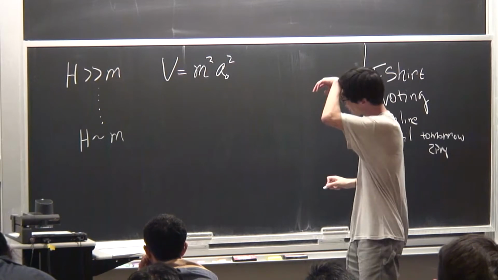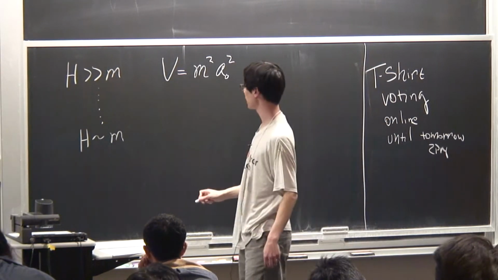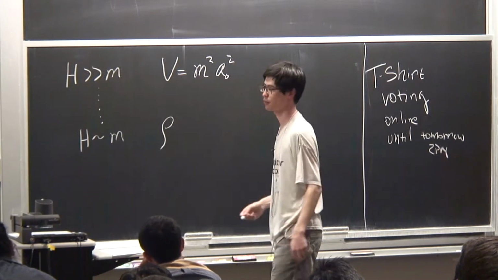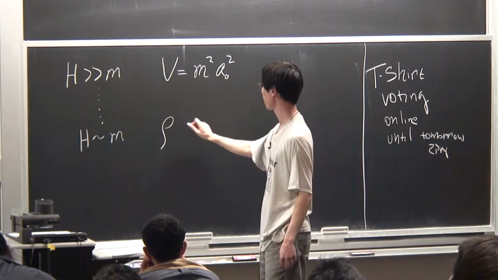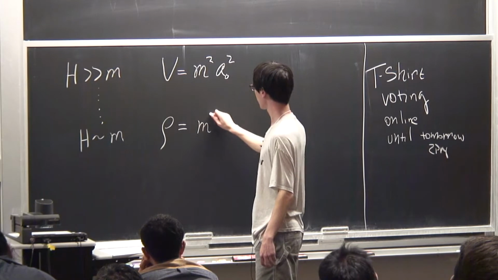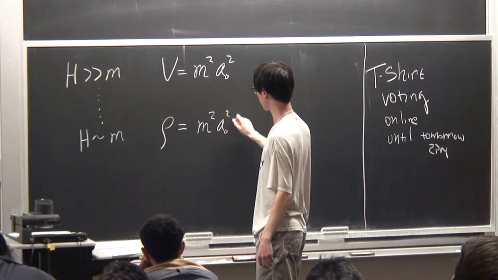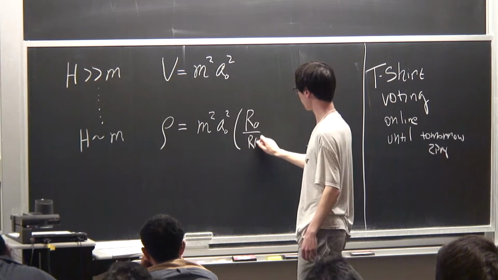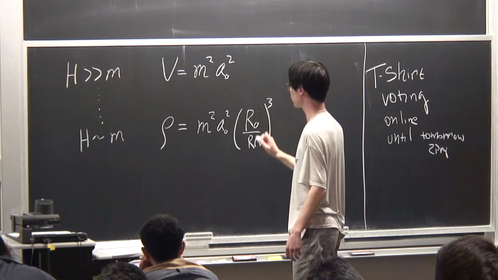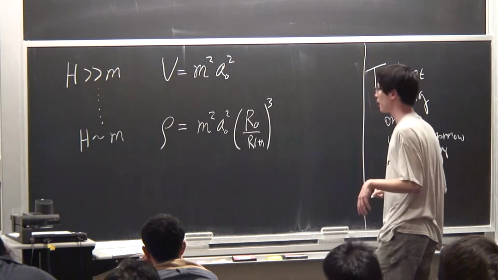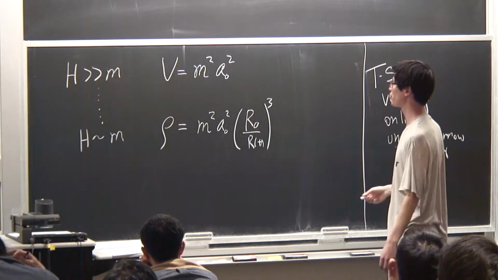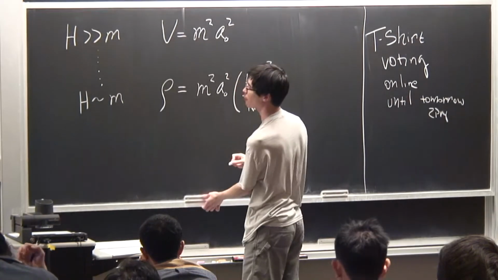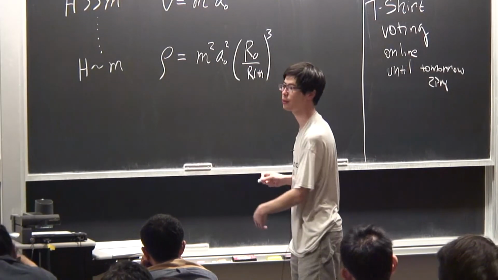And then at this point, the energy in your axion, I called it V here, but people usually write it as rho, will scale as m squared a naught squared times (R naught over R of t) cubed. And so at this point, when Hubble is of order m, this means the temperature of the standard model, right?